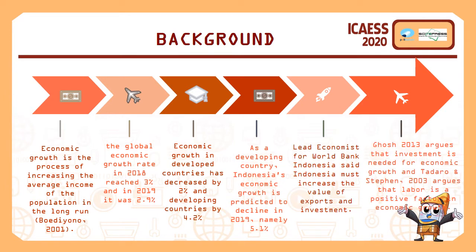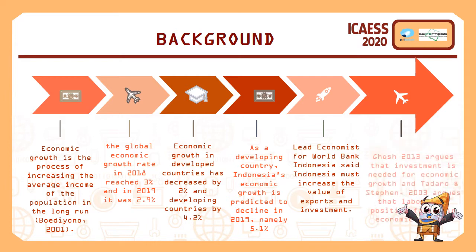As a developing country, Indonesia's economic growth is predicted to decline in 2019, namely 5.1%. Lead economists for World Bank Indonesia said Indonesia must increase the value of export and investment.